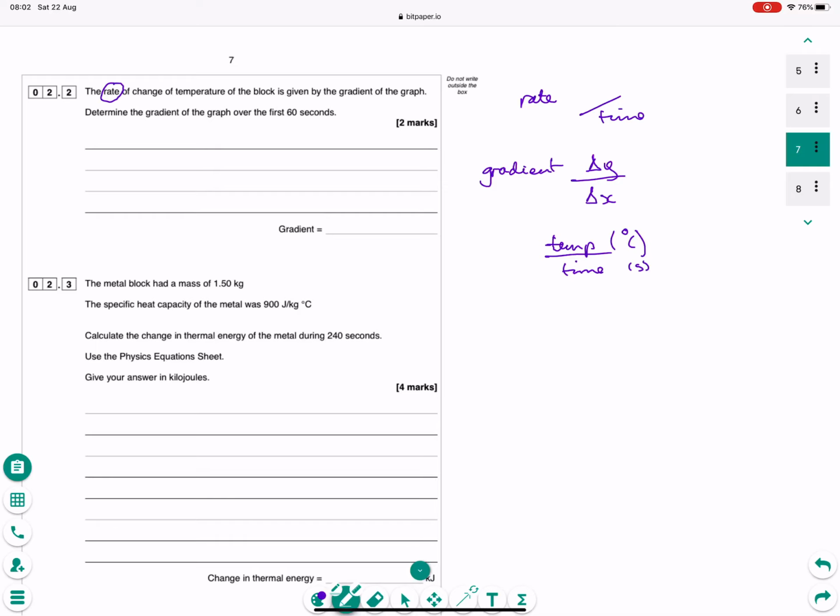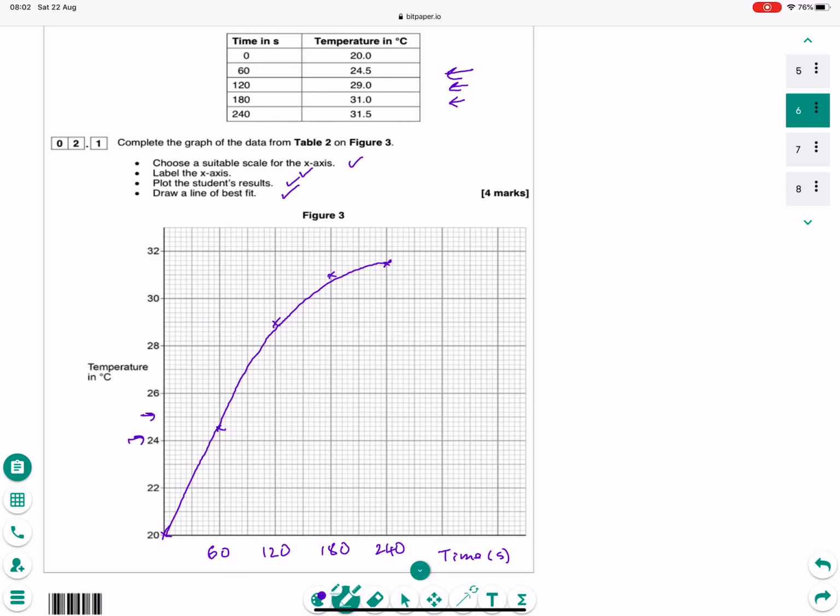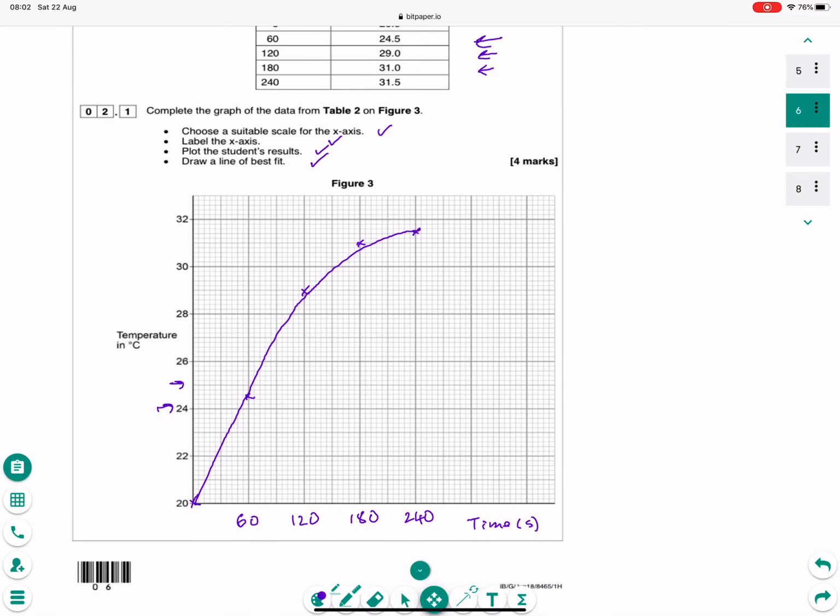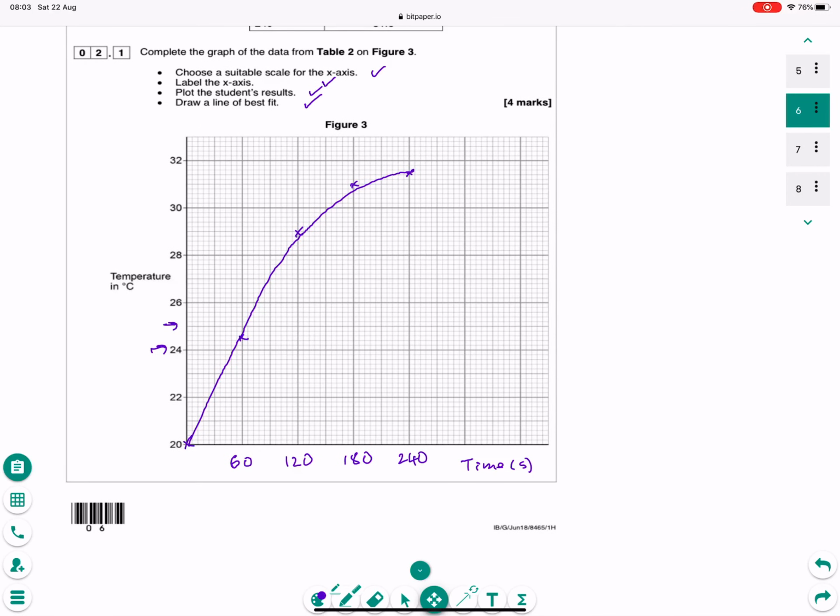If you look at the graph, over the first 60 seconds, it's pretty much a straight line, so they've made it quite easy for you.